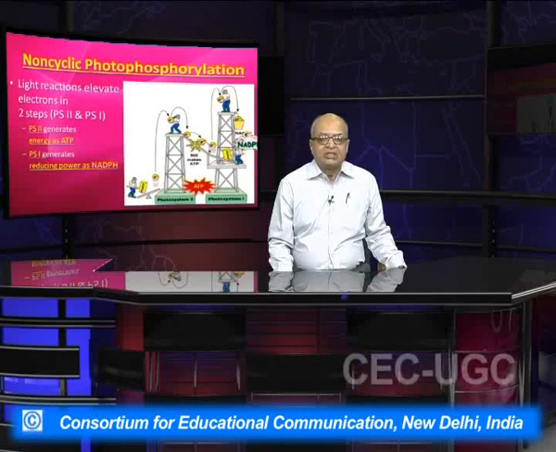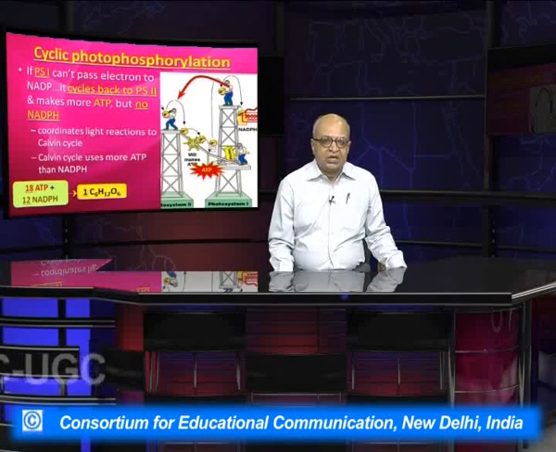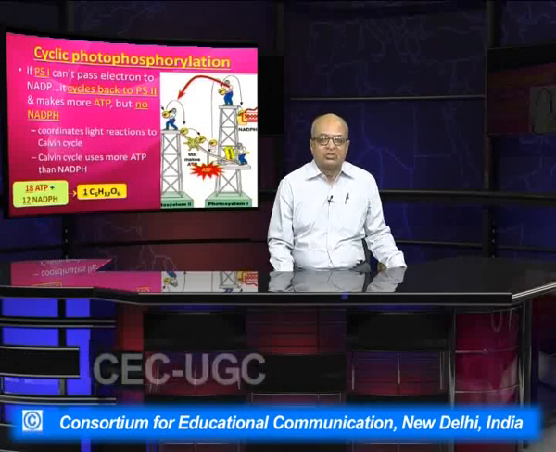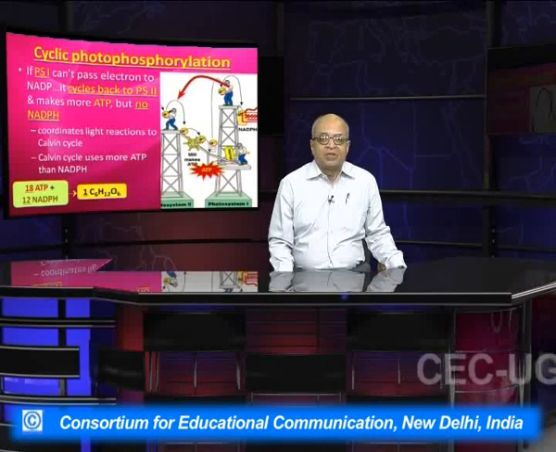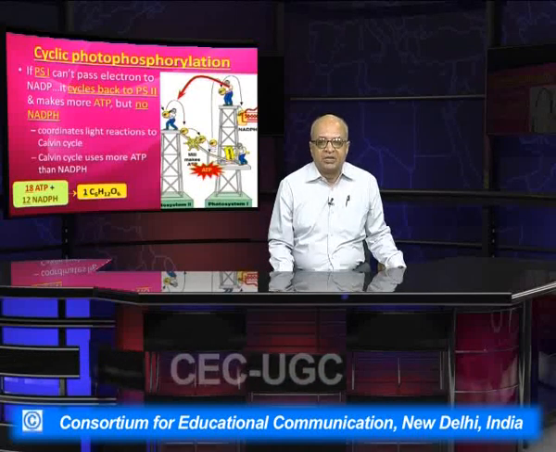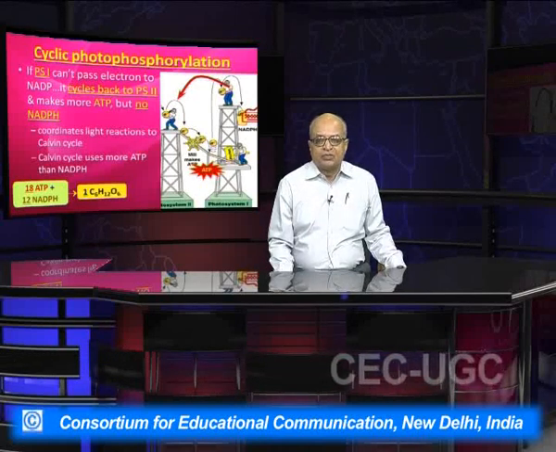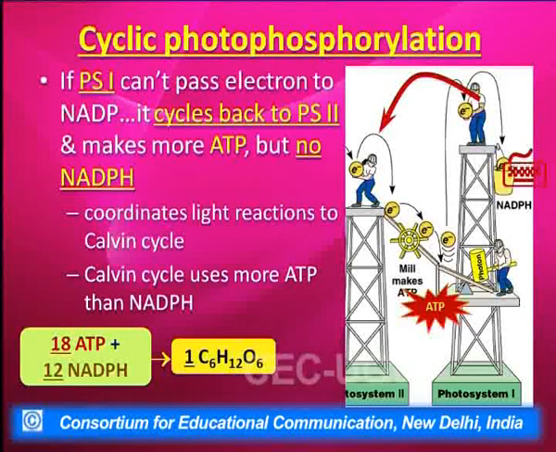This is normal photosynthesis. What would happen if one of the photosystems doesn't work? We asked ourselves a question some time back, which one? It is always PS2 which can never run independently. In the absence of PS2, PS1 can run independently. The question is the naming of these systems itself.